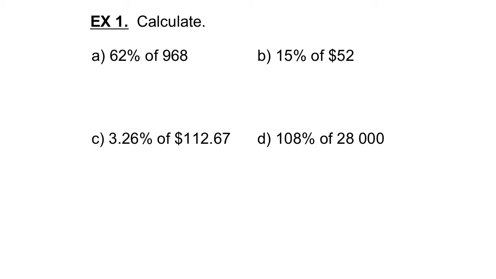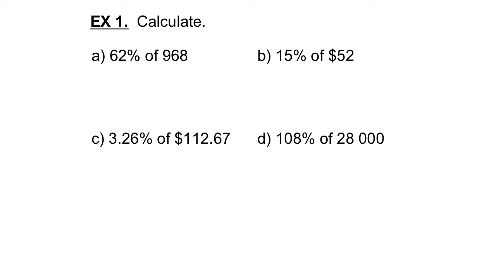So just make sure you're actually looking at your answer and seeing if it makes sense. You can avoid a lot of silly mistakes if you actually think about how your answer relates to the original number.